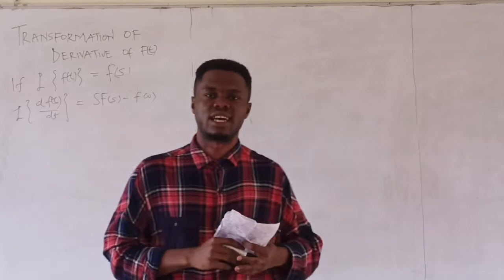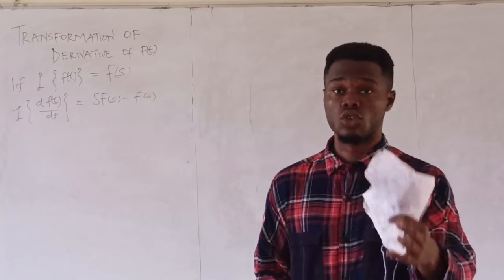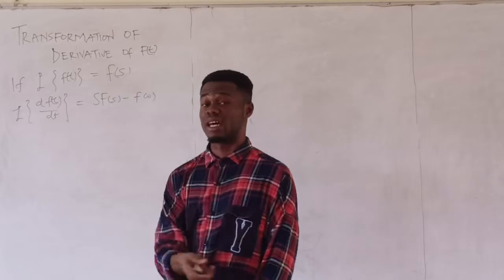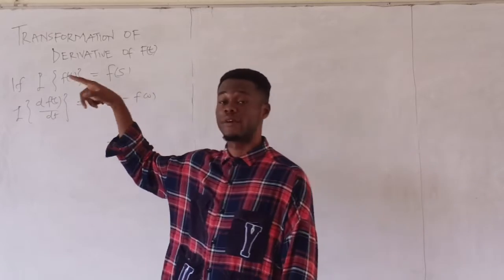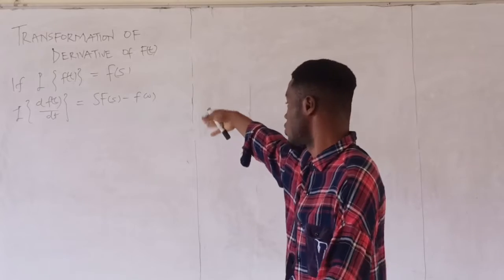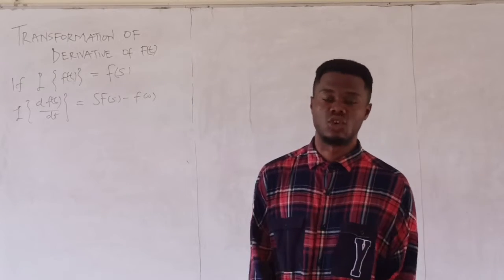So this is a standard that you should know. When you find the Laplace of the differential of f of t, what you are going to have is s F of s minus f of 0 as your answer.